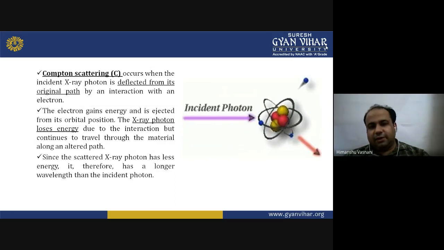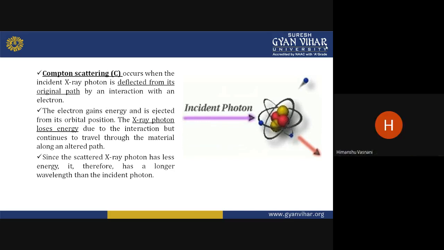Then Compton scattering. This occurs when an incident X-ray photon is deflected from its original path by an interaction with an electron. The electron gains energy and is ejected from its orbital position.